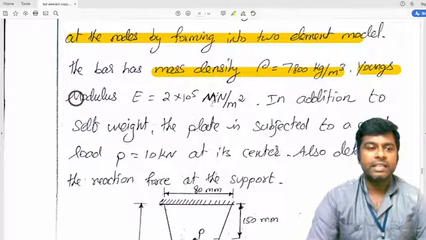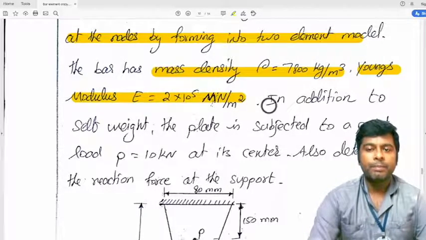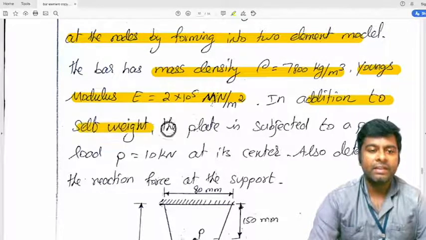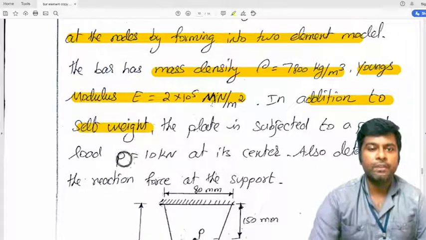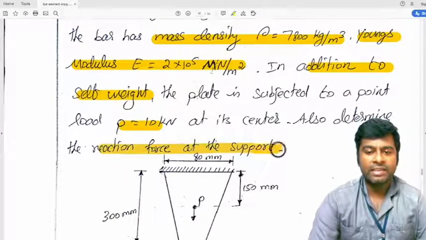Young's modulus E equal to 2 into 10 raised to 5 mega Newton per meter square. The plate is subjected to a point load P equal to 10 kilonewton at its center. Also determine the reaction force at the support.